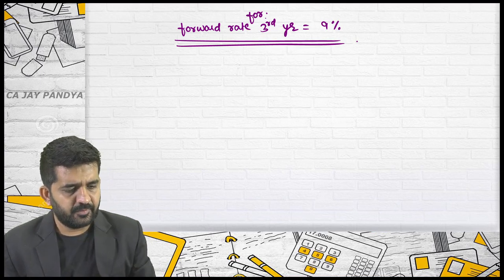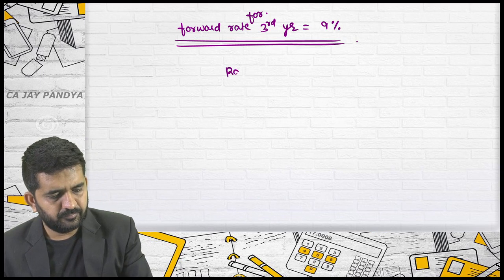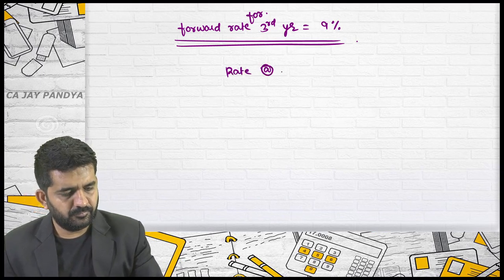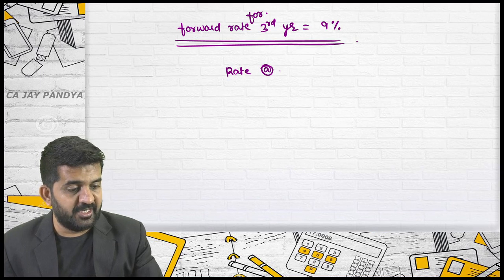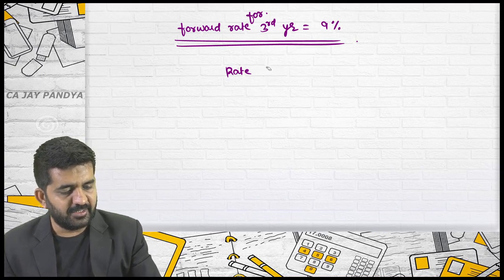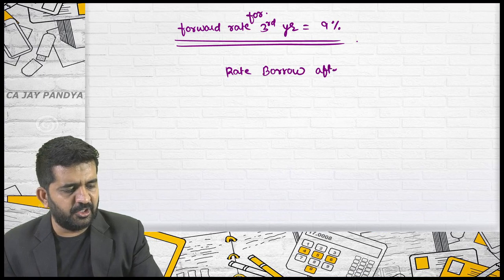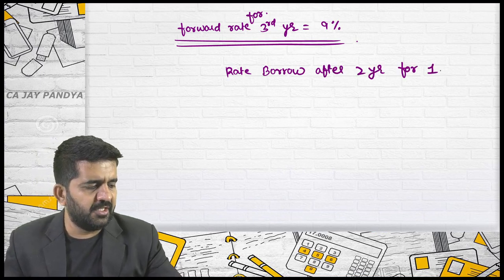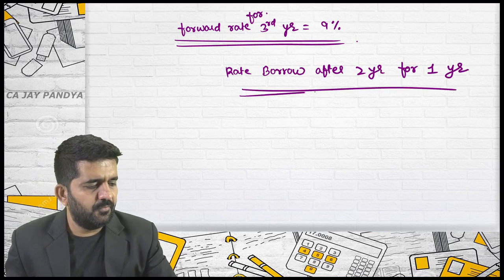Sir, it is a rate for 3 years later interest rate. 3 years later or 2 years later? It is for the third year. 2 years later, for 3 years. It is the rate applicable if you will be borrowing after 2 years for the period of 1 year.